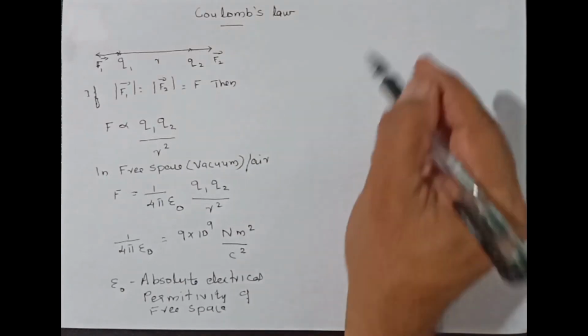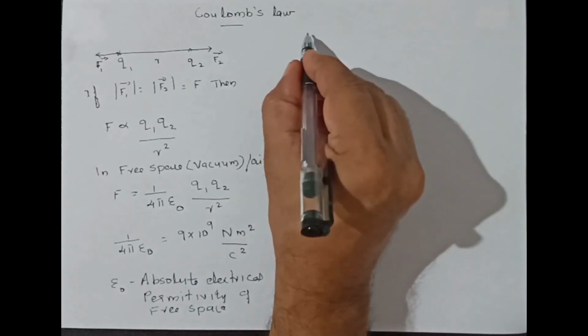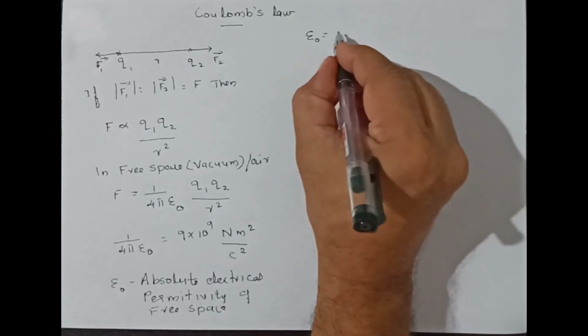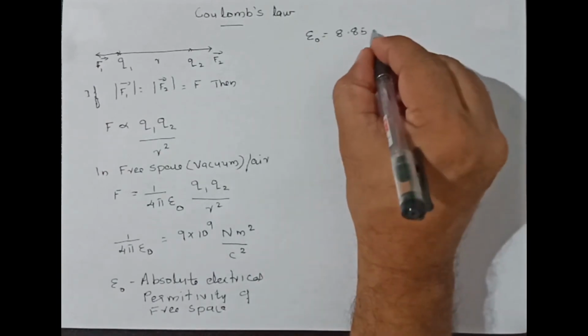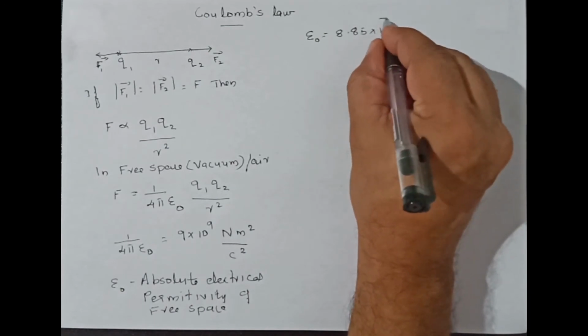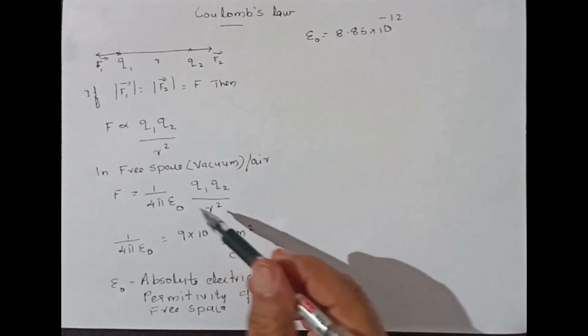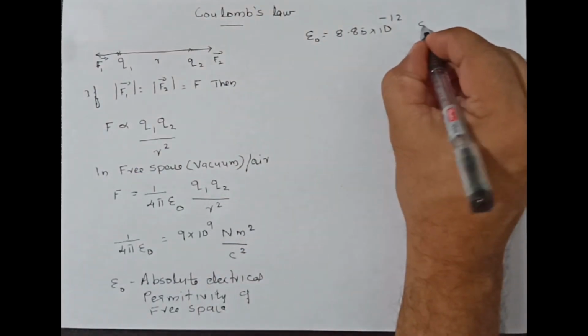This particular quantity determines the electrical behavior of different media. The value of epsilon naught, or the absolute electrical permittivity of free space, is 8.85 times 10 to the power minus 12.